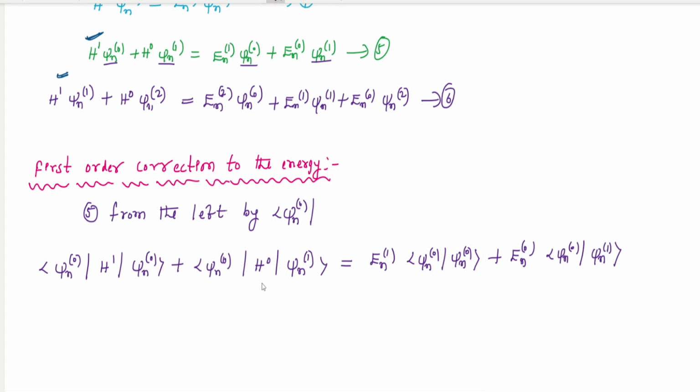So we know that if you apply the Hamiltonian on this wave function, what will you get here? H₀ is there.